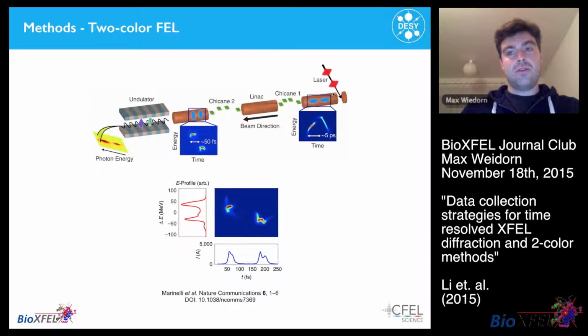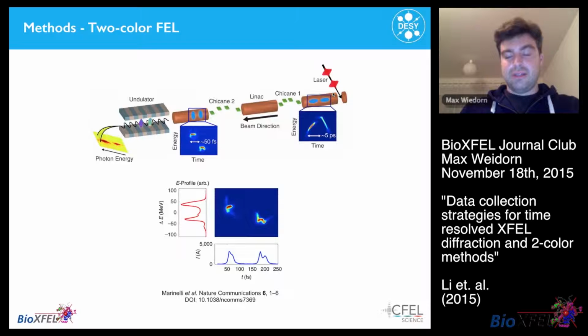But here they use two electron bunches that are accelerated to different energies. And then in the whole undulator section, both of these bunches start to lase, and therefore you can have the full gain on both pulses, which gives you a lot more photons per pulse in the two-color scheme.